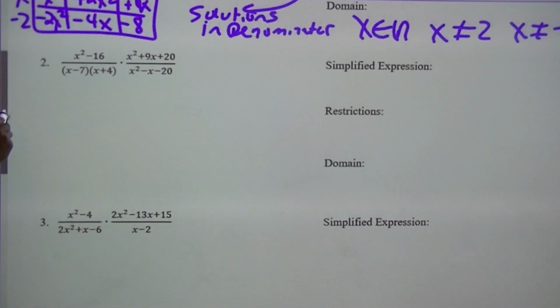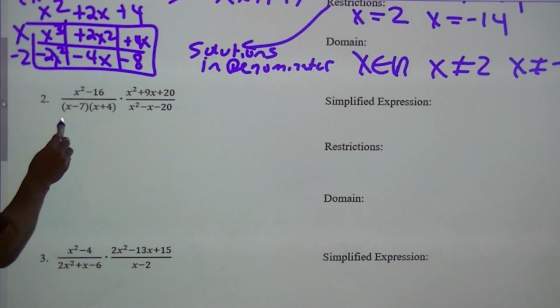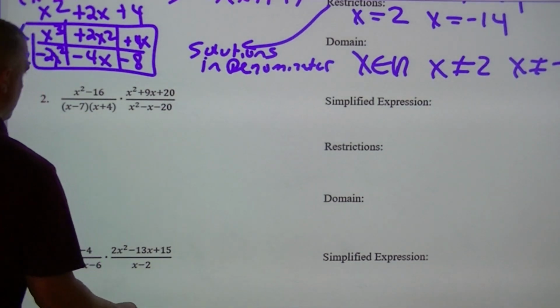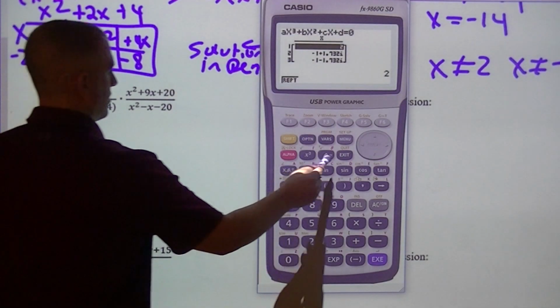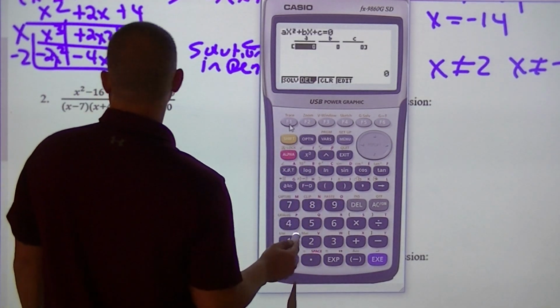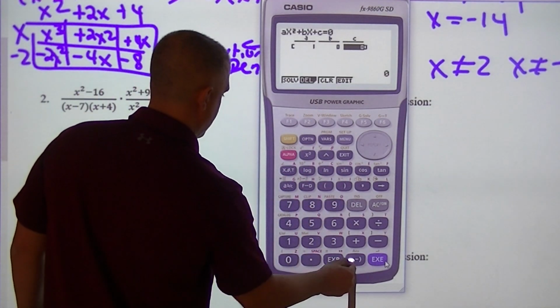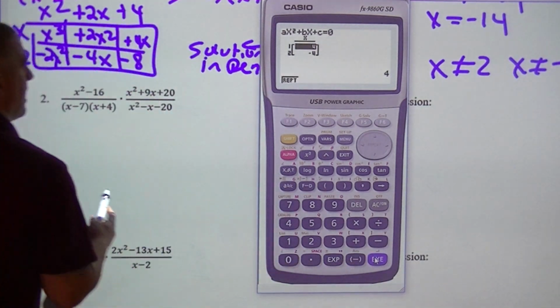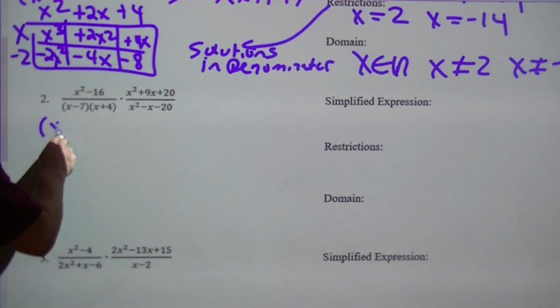Okay? All right? So now we're going on to this one. You would go to equa. Now we're in degree 2 here. 1, 0, negative 16. I get x minus 4, x plus 4.